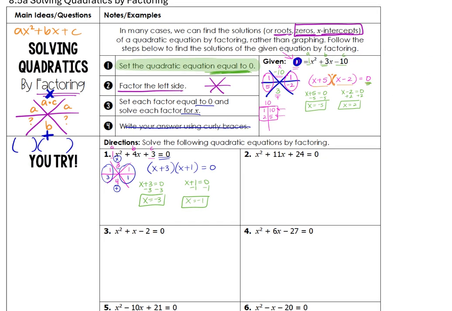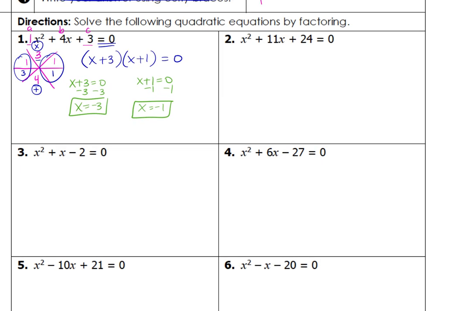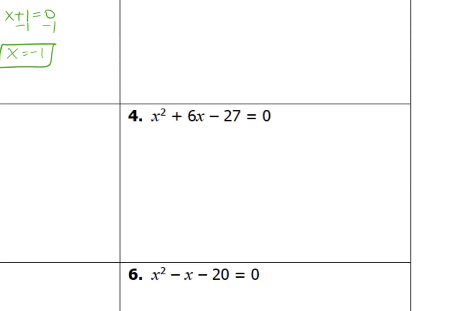All right, let's jump down to number 4. Take a minute here. I'm going to draw the star. Take a minute to draw your star and see if you can drop in the numbers that we need.